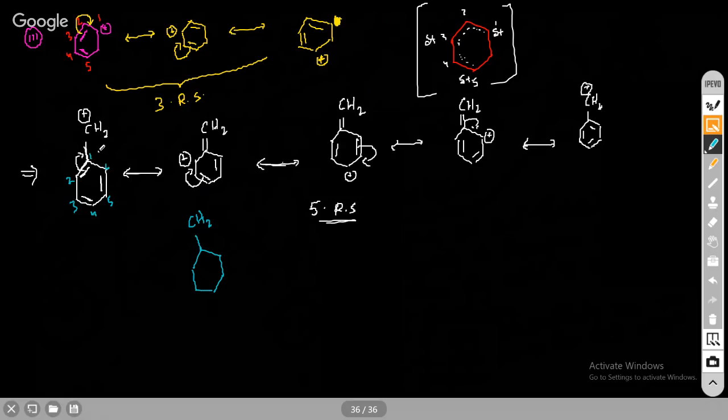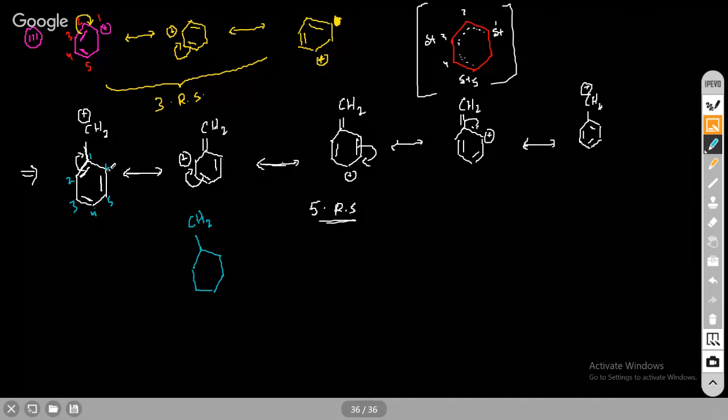Okay, so here you see in all these resonating structures, the positive charge is present at second carbon, then fourth carbon, and then sixth carbon, and then on the carbon which is outside the ring. And this pi electron is delocalizing over the entire molecule. So here we have partial double bond characteristics among this molecule, which we can show by this circle, and this carbon is also joined by partial double bond characteristics.